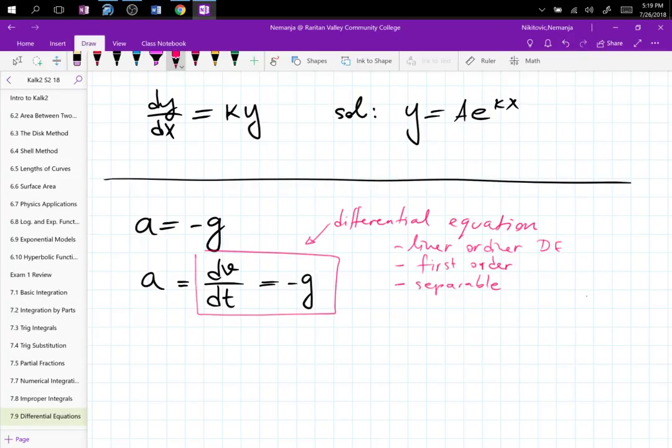So if you are asked to classify a differential equation, one of the classifications is: is it linear or not? Next is what order it is, i.e. equal to the highest derivative present. And then separable. Now, separable differential equations.